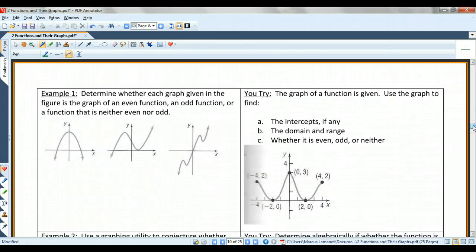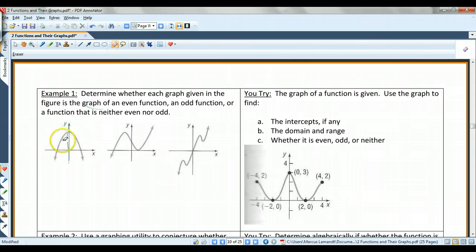Determine whether each graph given in the figure is the graph of an even function, an odd function, or a function that is neither even nor odd. In this case, if a function is even, it's going to be symmetric about the y-axis.